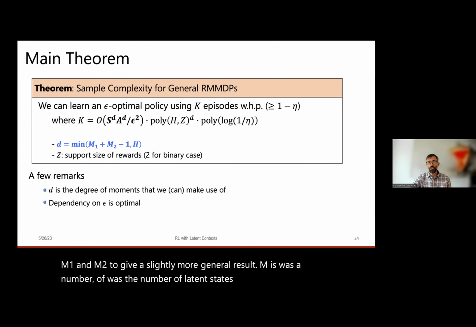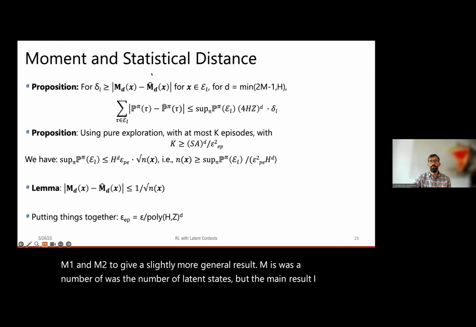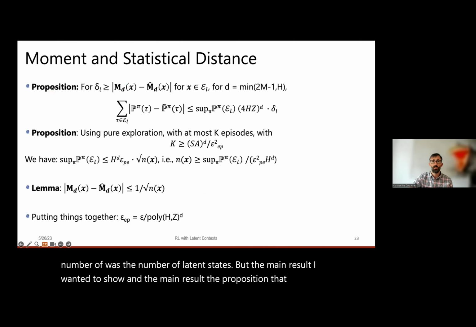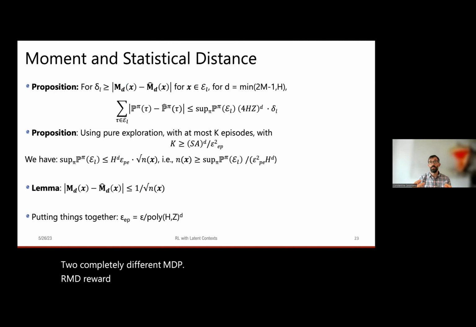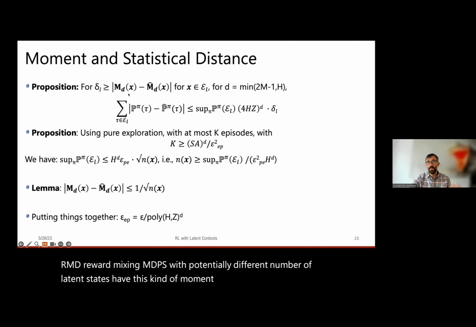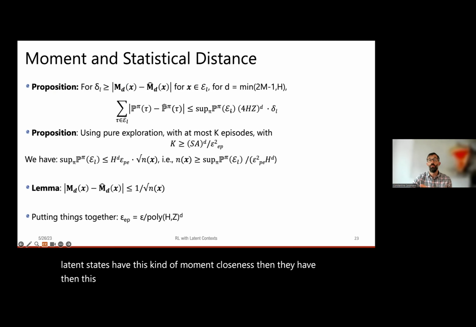But actually, the main result I wanted to show, and the main result the first proposition says, is that if two completely different RMMDPs, reward mixing MDPs, with potentially different number of latent states have this kind of moment closeness, then this will be their total variation closeness.